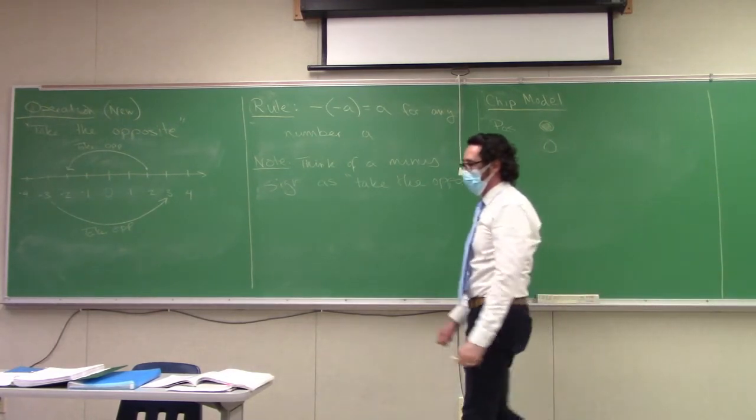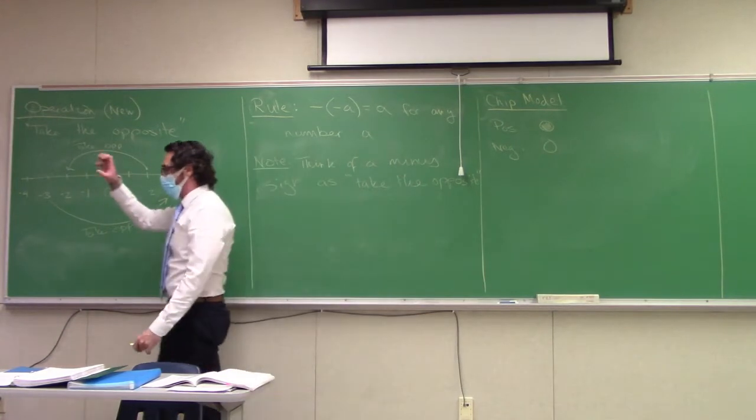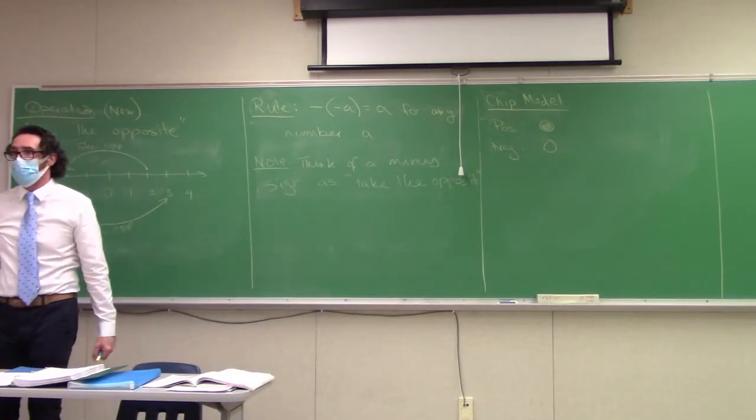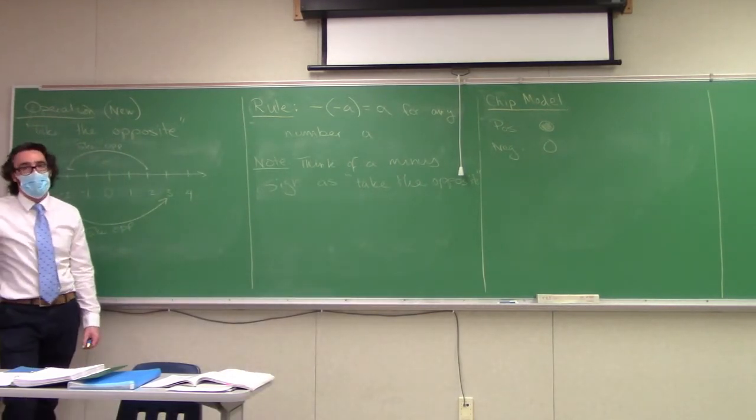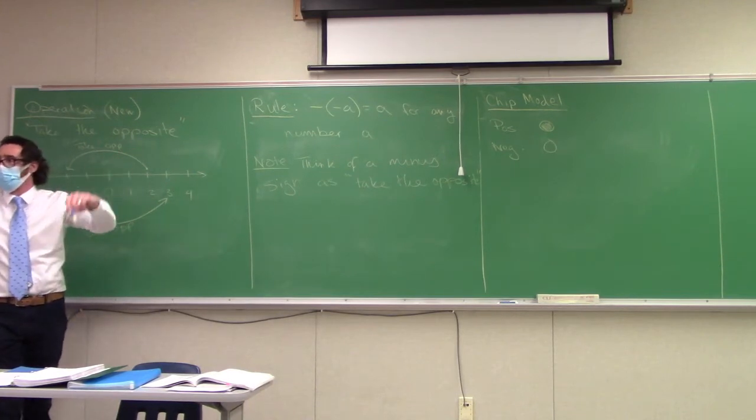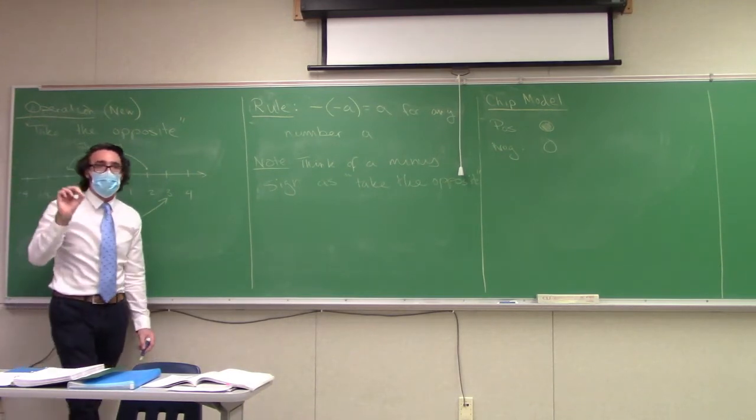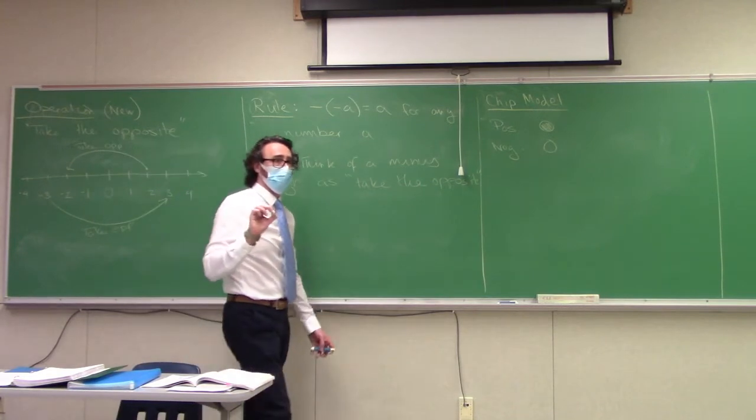So in this model, if I have a chip represented as a circle on my page, a chip that's filled in, that's going to be positive. A chip that's empty, that's going to represent a negative.